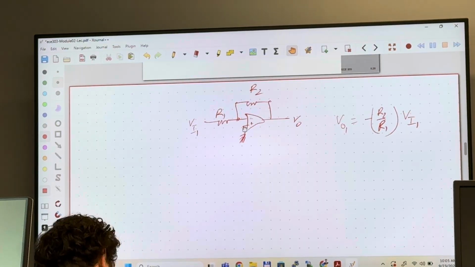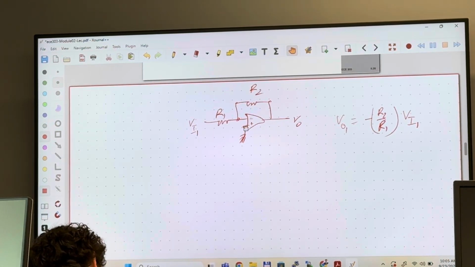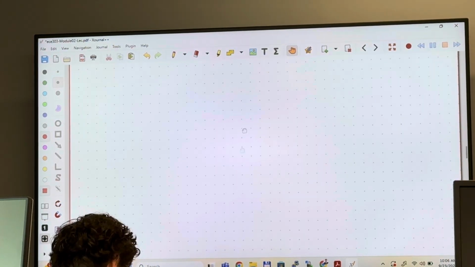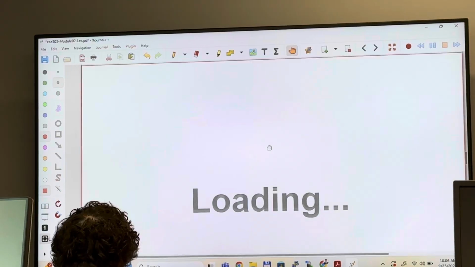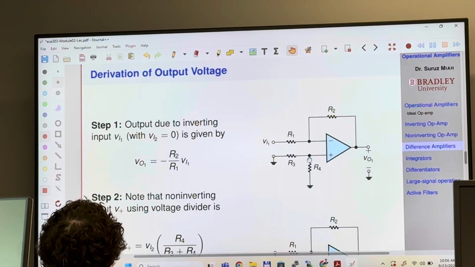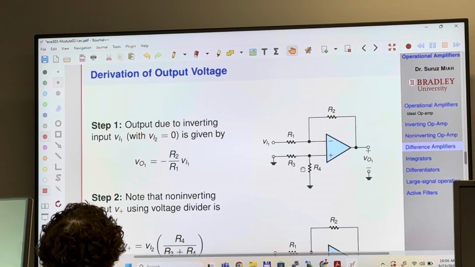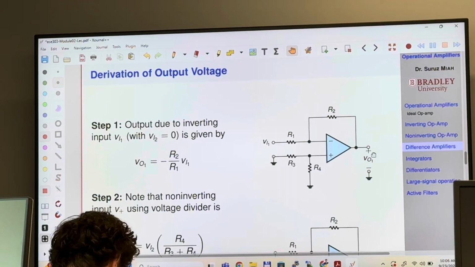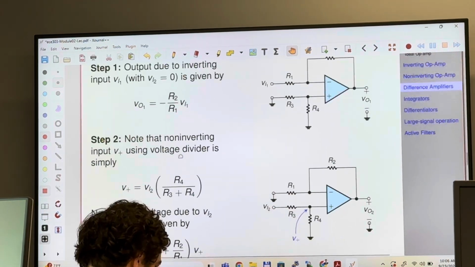For you to understand, I put here 0: the non-inverting terminal is connected to ground. But in my official slide, I did not put ground here because I know that its voltage is 0. So you can think of this as ground. That's why we have one input activated, and the corresponding output is this.